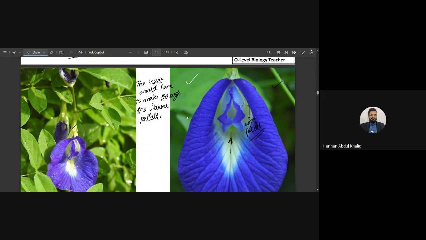And in the meantime, the struggle would lead to either pollen sticking to the insect, or pollen being brushed away from the insect.